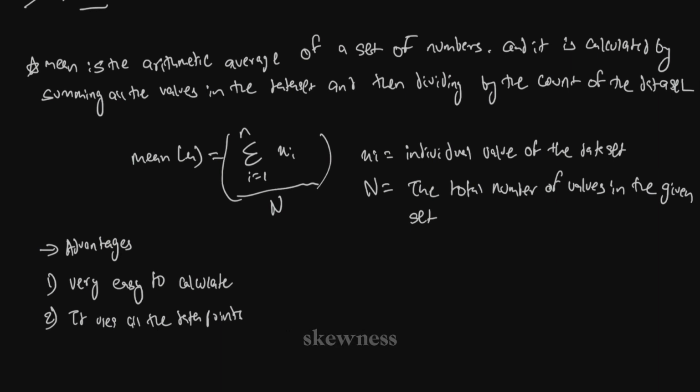We will come to skewness and the terms later in this series, but it's very essential to keep in mind that all these statistics we are learning are just the backend part of the code. You will never be asked to calculate the mean by hand. You'll always use the sklearn library or the numpy library to calculate the mean, np.mean. So that's not really a big issue when you're coding, but you need to know why you're using this.